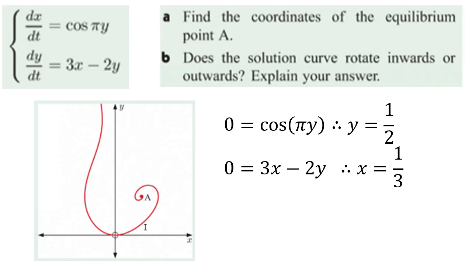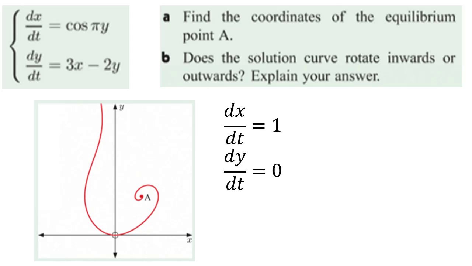Now, is this rotating inwards in a sort of stable way or outwards in an unstable way? Well, let's pick the easiest point, the origin, 0,0, and plug it in. So I've done that. And what it's saying is my x speed is 1. I'm going 1 unit to the right every second.